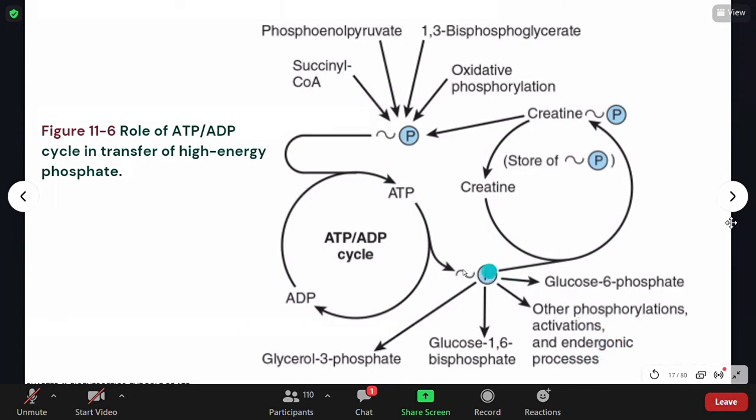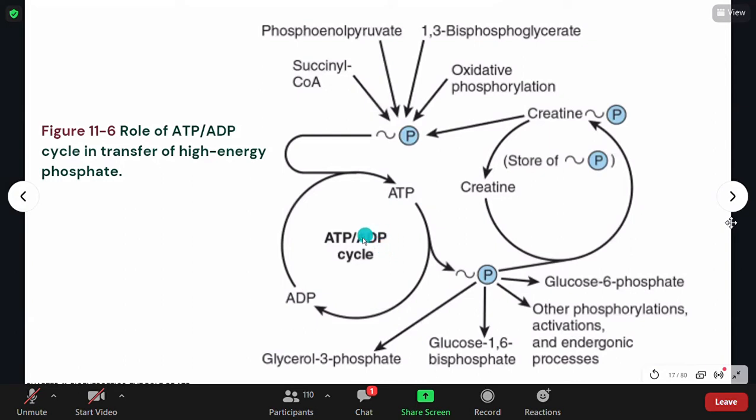So that high energy is added to your creatine. Your creatine here becomes creatine phosphate. And you have that storage of creatine phosphate in your muscle. So that when the muscle contracts, creatine phosphate is released, because every time the muscle contracts, ATP is used and you produce ADP.